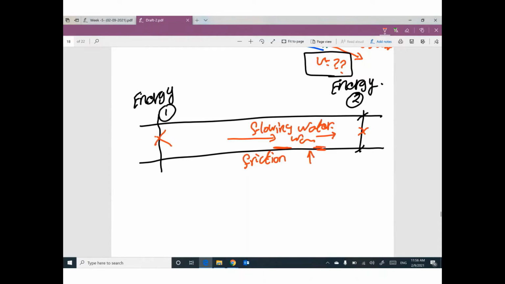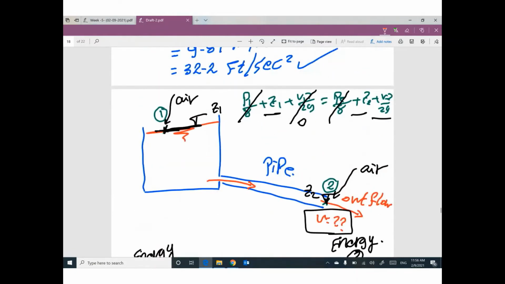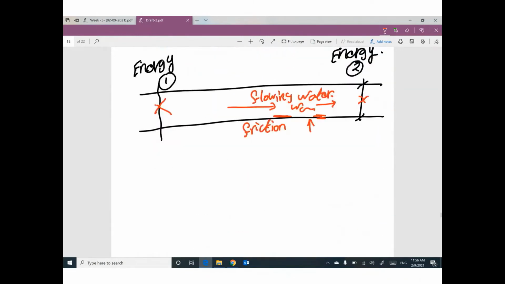This friction will try to decrease the energy, probably decreasing the pressure, probably decreasing the velocity. Both of them, I'm not sure, but we can expect losses.